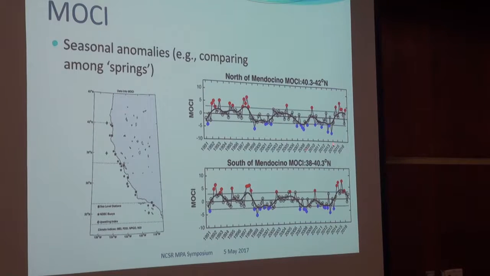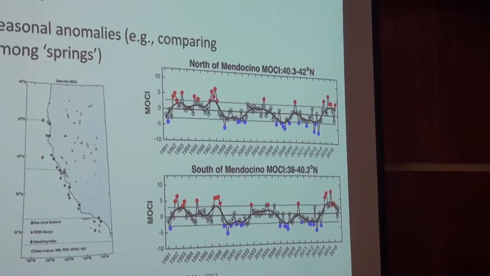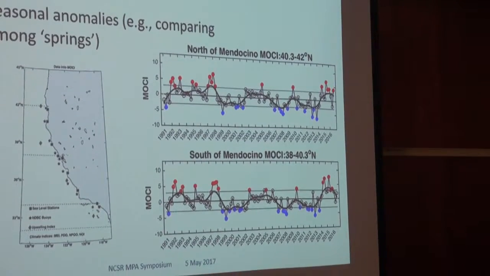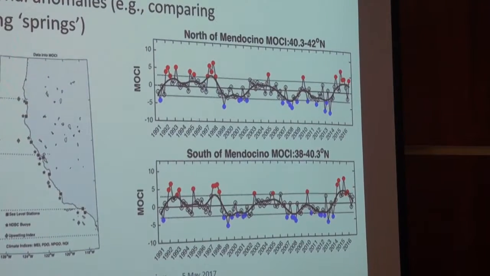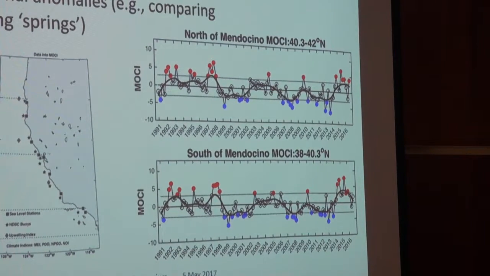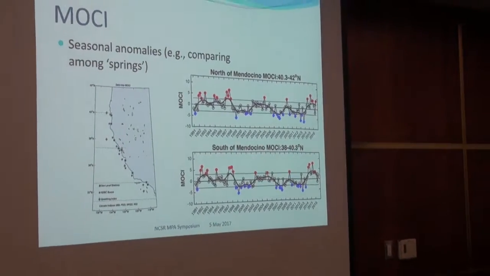And it does a nice job capturing the marine heat wave, the 2010 El Nino, the massive El Nino of 97, 98. Now these time series are long time series. Okay, they have to go back to at least, I believe, 1991 and be continuous on up through here. So there is a question of whether you could develop MOCI for a specific MPA. Well, if you have 20 years of environmental data, yes.